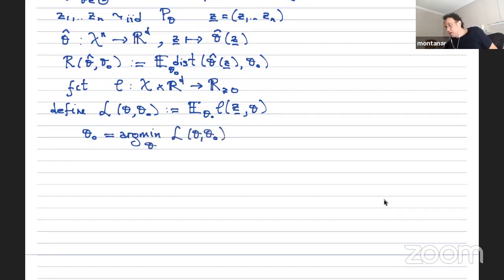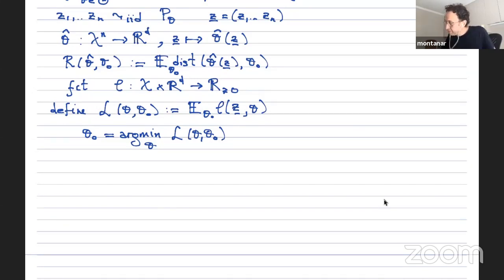So you want to construct a function L such that its expectation, when minimized, returns the desired parameter.